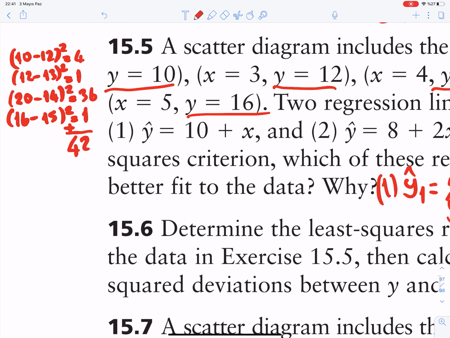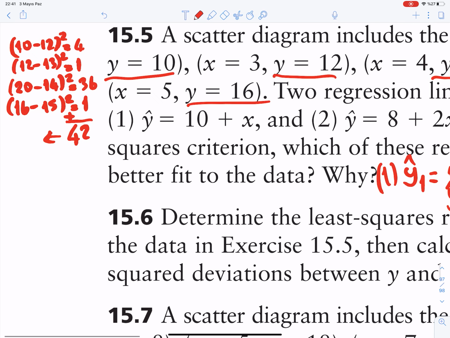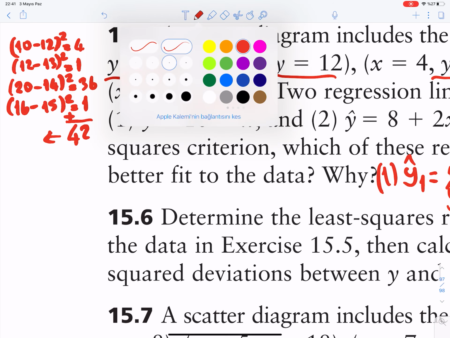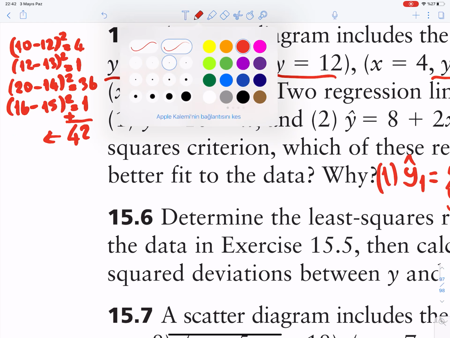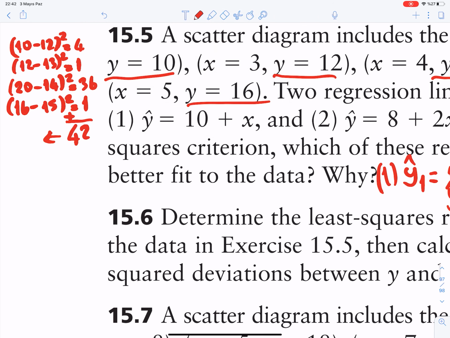From this first line, you get the sum of yi minus y hat squared, and that's 42. This is from the first model.